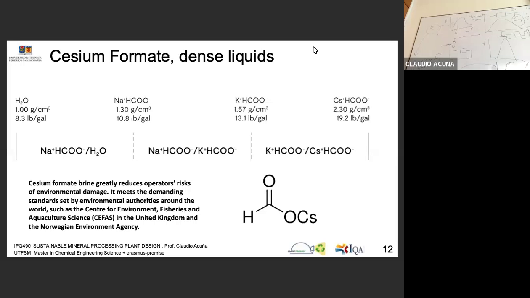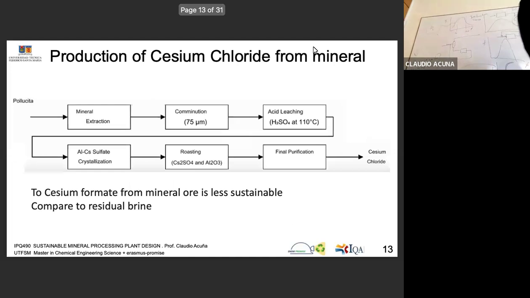Bertie Lambert, the person who created the HSC software for process design, installed a plant in Finland starting from spodumene because they want to be self-sufficient in lithium. But they start from rock. In analogy to lithium, in cesium the same thing happened.